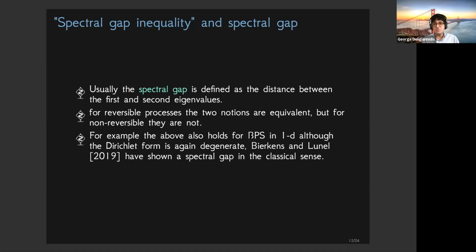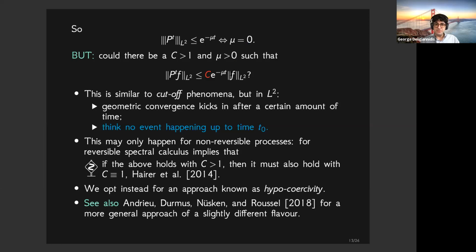You can show, and it has been shown by Joris Bierkens in 2019, that it does admit a spectral gap in the classical sense, so that the spectrum is separated from 0 by a positive distance. Obviously you can use this to compute convergence rates, but the approach using the Dirichlet form is usually easier, especially when your target satisfies a Poincaré inequality, for a reason that I'll show very soon.